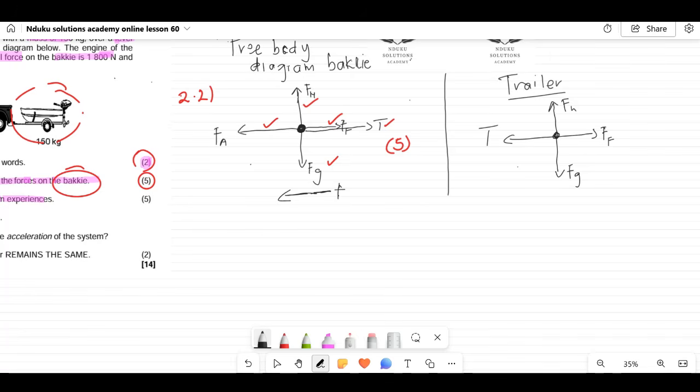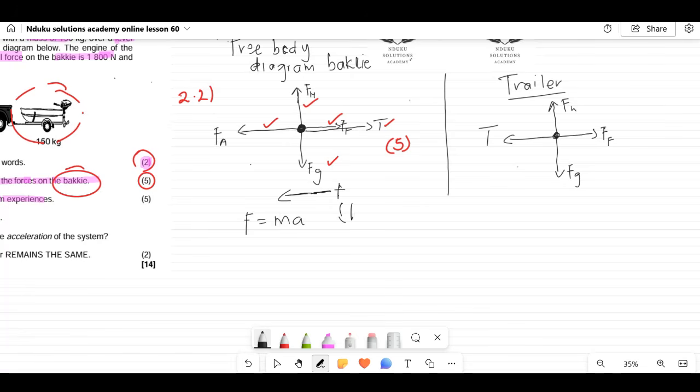So your normal force will have the same magnitude as your force of gravity, because it's not on an incline or anything, it's just horizontal. The two vertical forces balance each other, hence we are not moving up and down. Good.